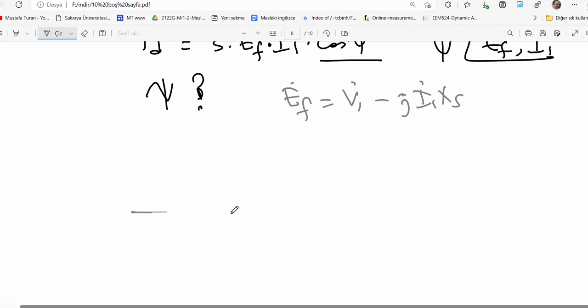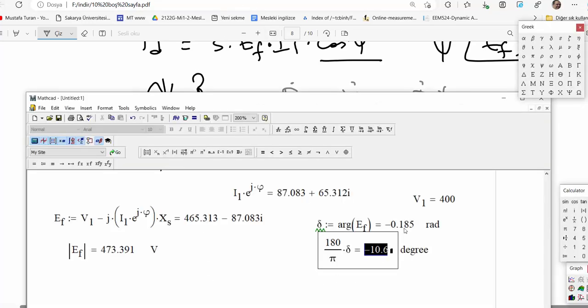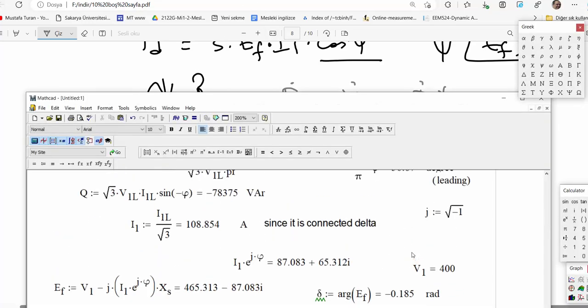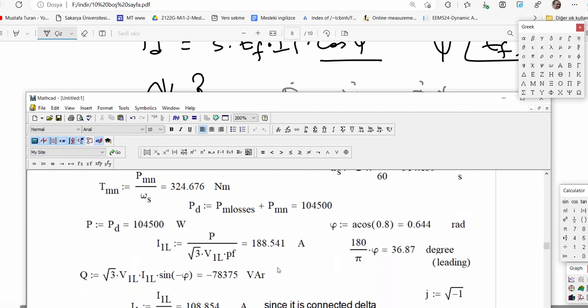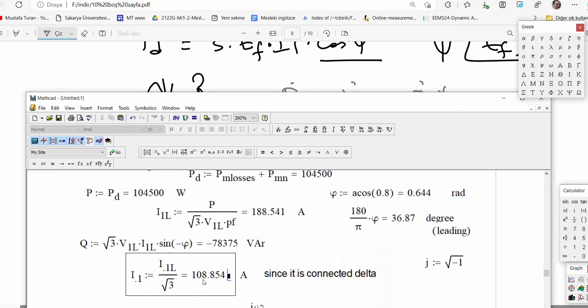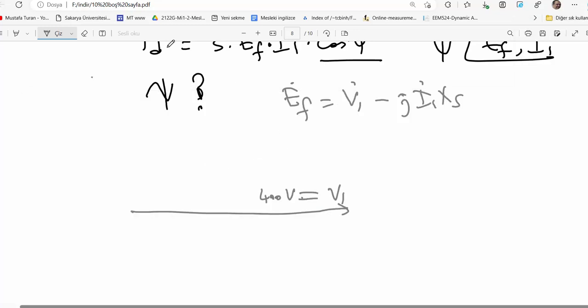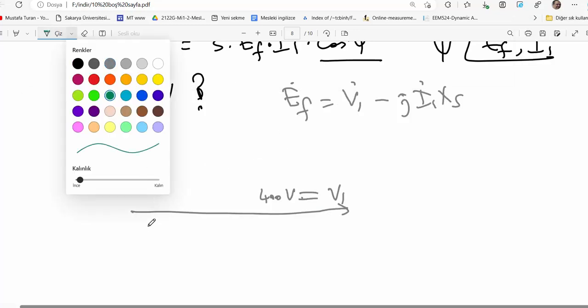Okay, that is the V1, which is 400 volts now. And then here's a leading current. Here was a leading current. Let me find it out. Current I1 108.8.